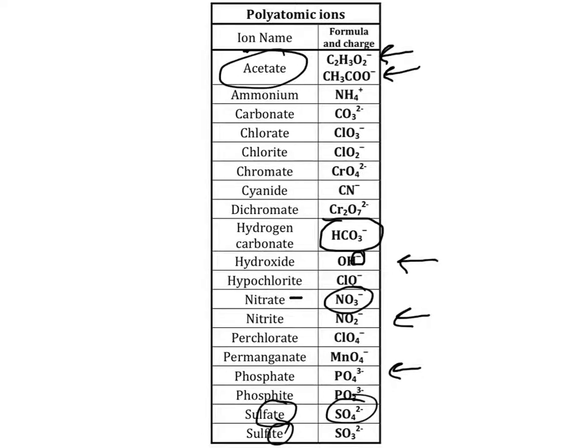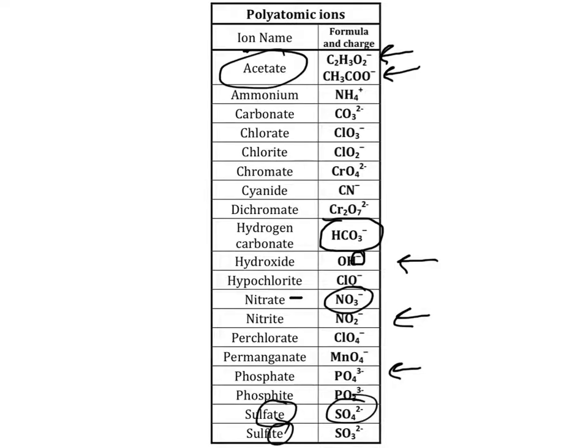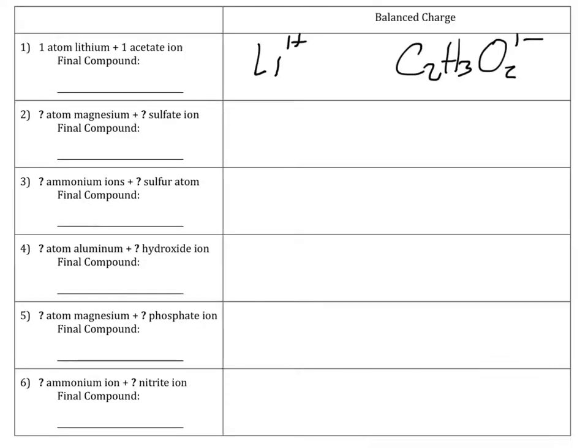Exactly the same thing though. So I personally write C2H3O2, and notice how it's a 1 negative. If we take a look here, it's a 1 negative. And so if this is a 1 positive and this is a 1 negative, you only need one of each to balance it.